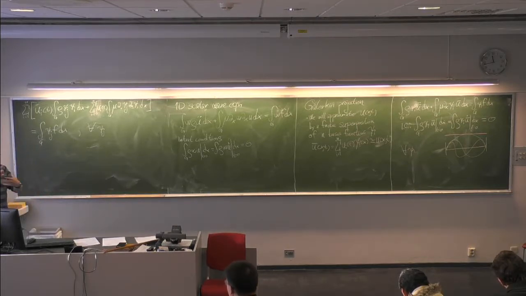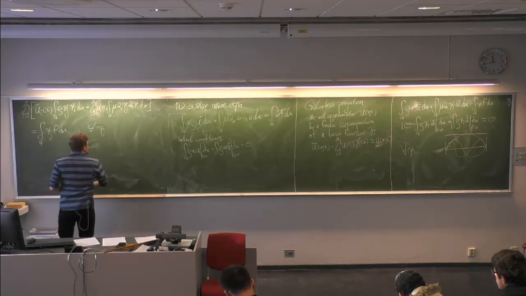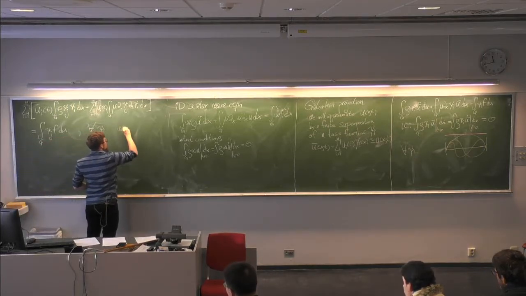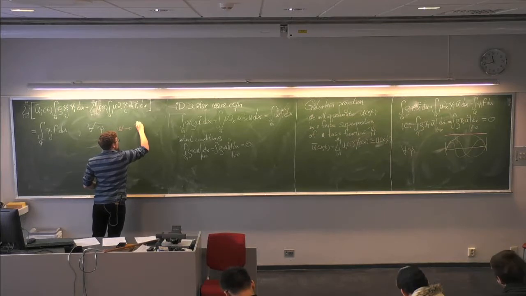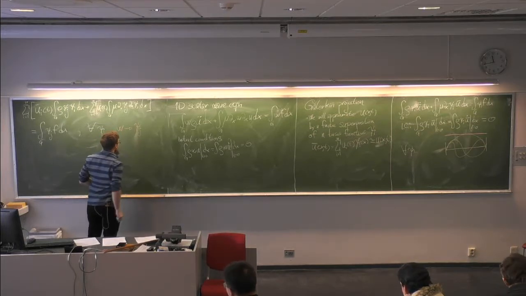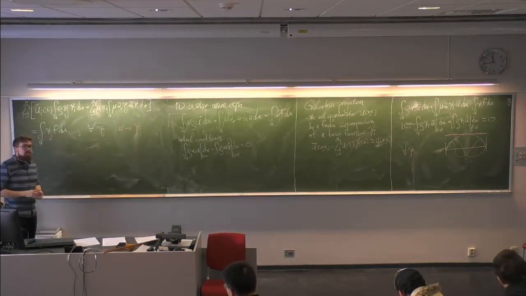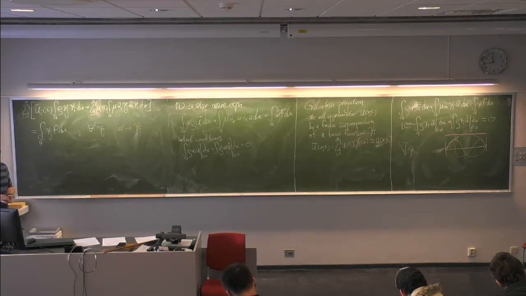So do you see everything that's going on here now? I've just renamed my test functions from W to c_j. That should be possible, as long as these test functions satisfy whatever it is, then it should work.